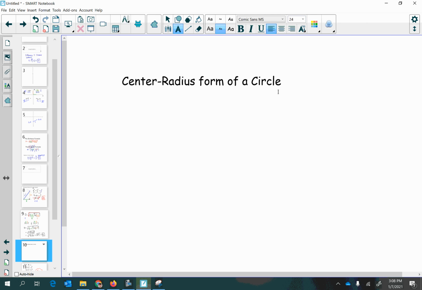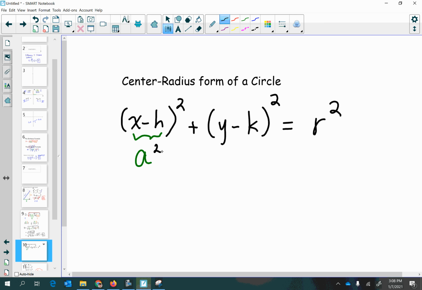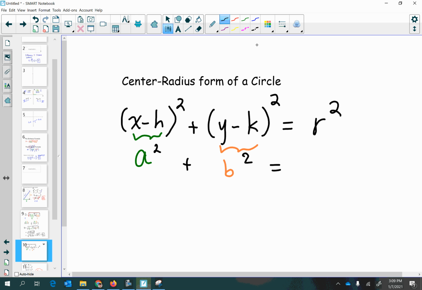That lesson is in a future section, but just to give you a preview, the center radius form of a circle is written like this: x minus h quantity squared plus y minus k quantity squared is equal to r squared. Now, doesn't that look a whole lot like a squared plus b squared equals c squared?